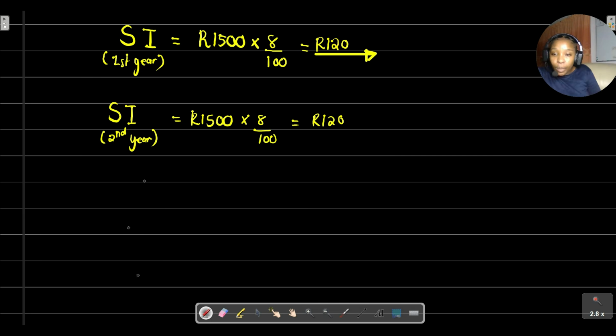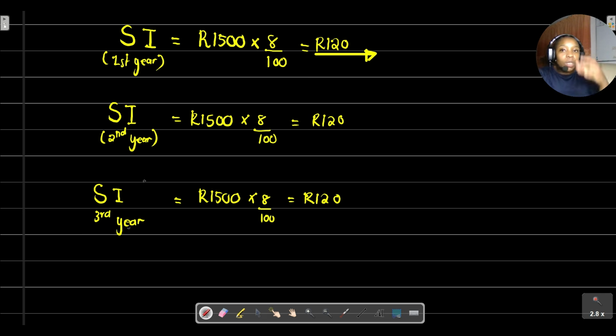To get the simple interest that you will earn in the third year, we are still going to use that principal amount of 1,500 multiplied by 8 over 100, which is equal to 120. So what are we noticing here?